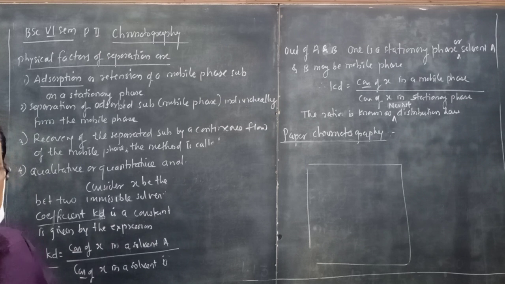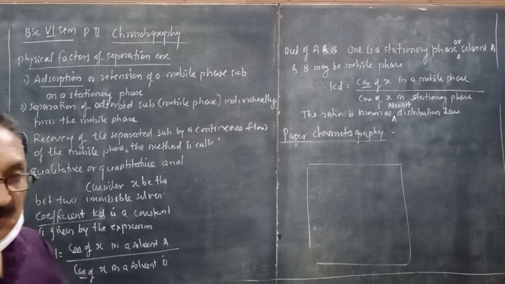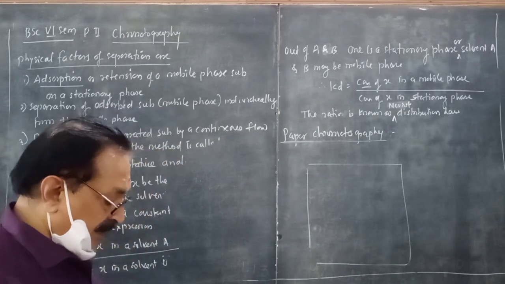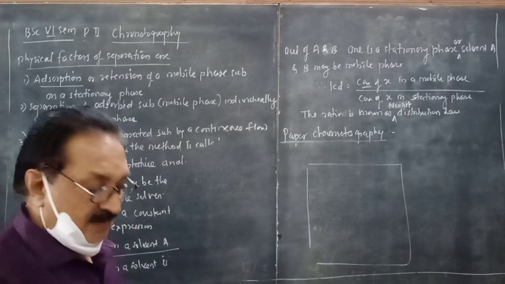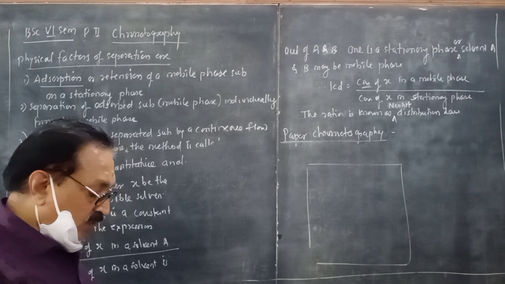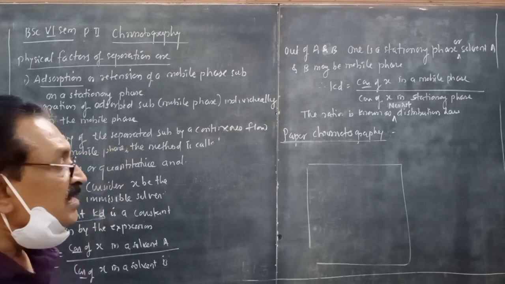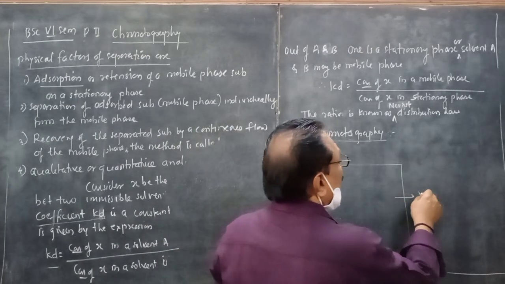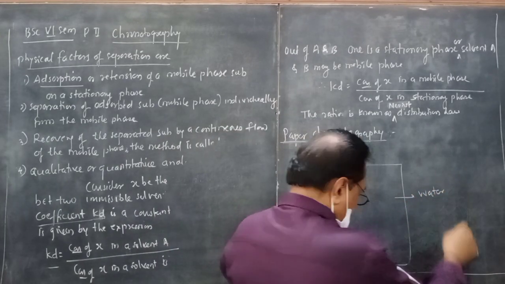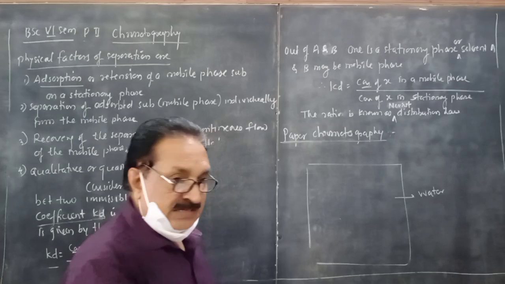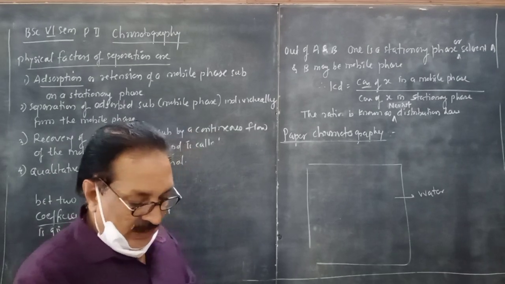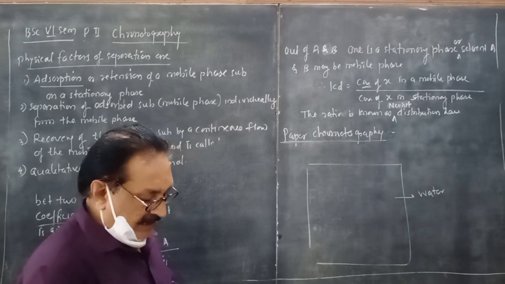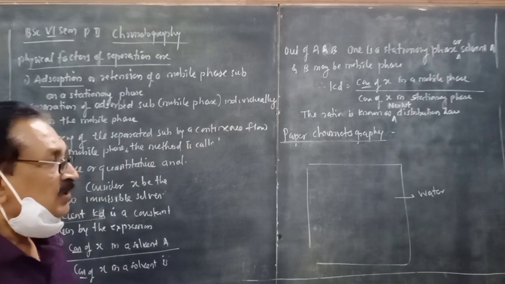The stationary phase is the water present in the cellulose of the filter paper, and the mobile phase is an organic solvent which is immiscible with the stationary phase.